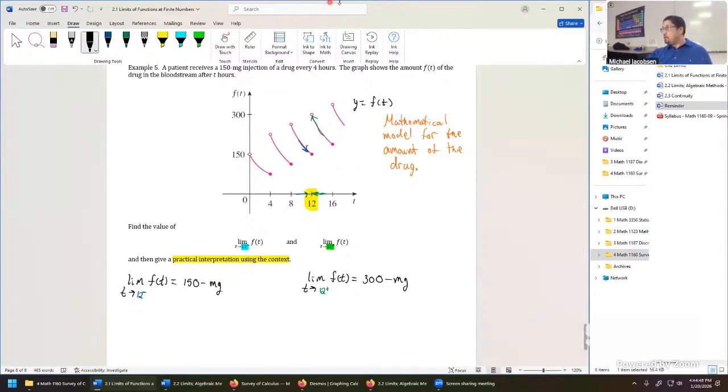Well, the big question is, what would you say about this one? Let's start on the interpretation for the one on the left.